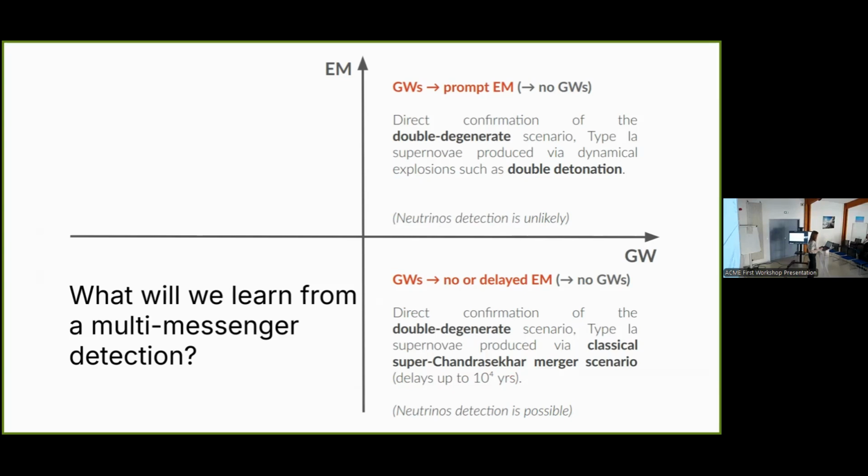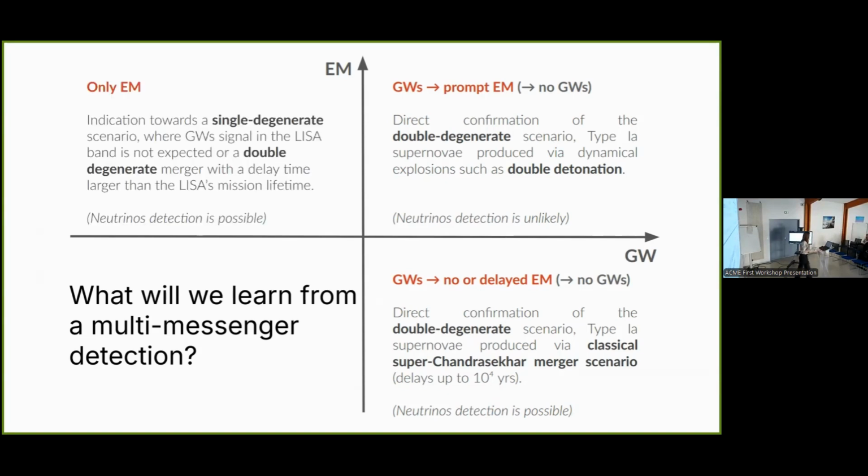So we may just not see it. In these cases, the densities and temperatures in the white dwarf are high enough to produce significant neutrinos, so we may have some association there.